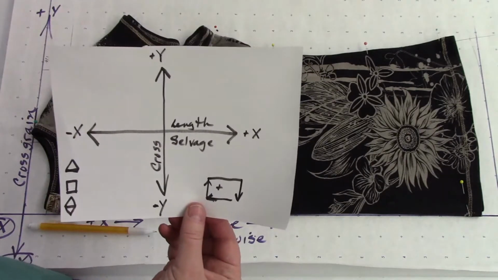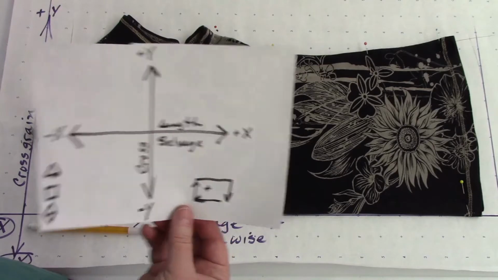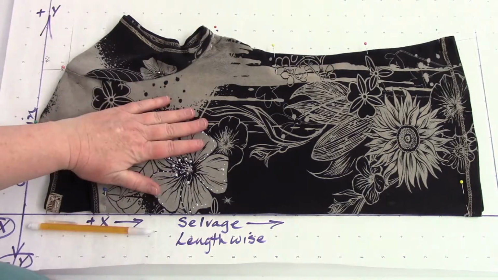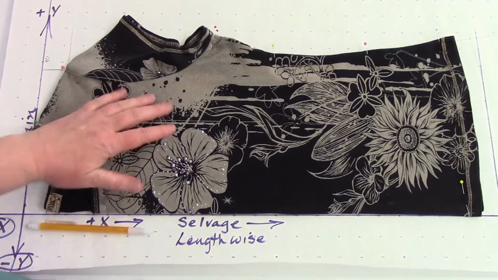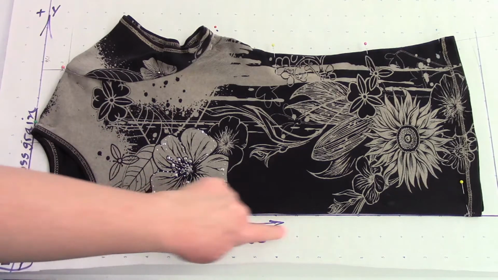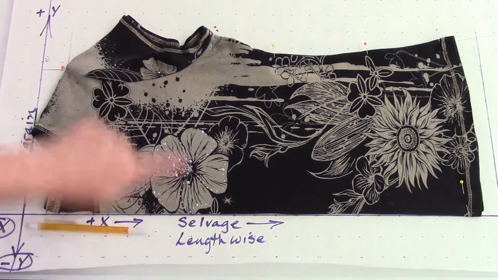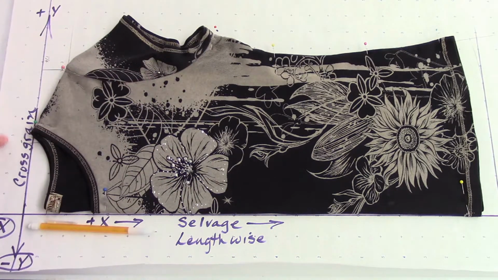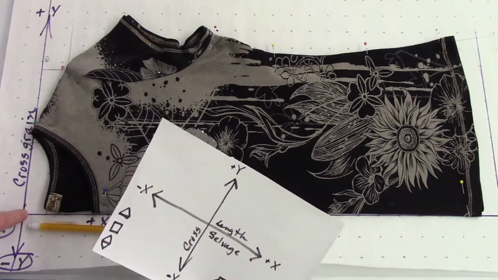So when you see me working with patterns, you typically see me working with the pieces in this orientation, because this is the direction of the selvage and this is the cross grain, and I've marked it up here so hopefully you'll remember. And this would be 0 right here in the corner.